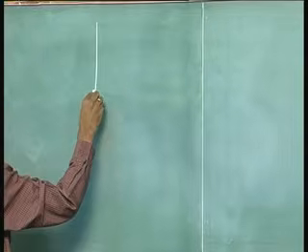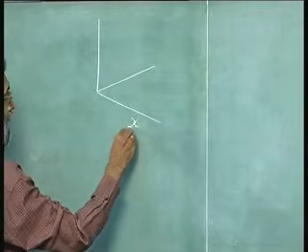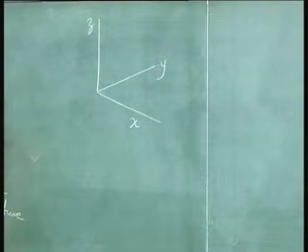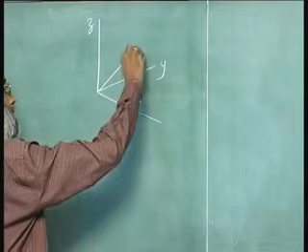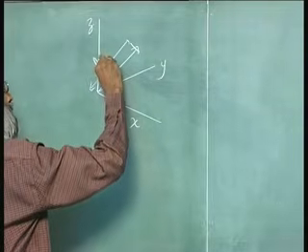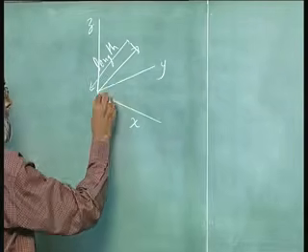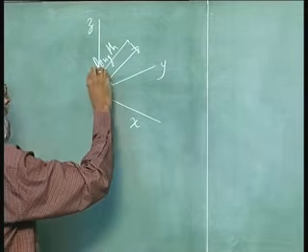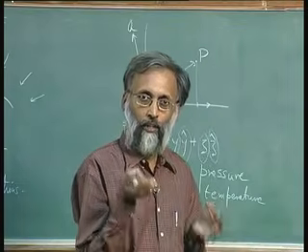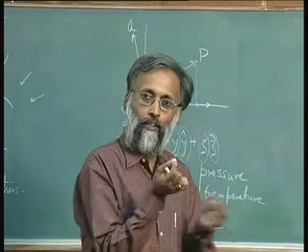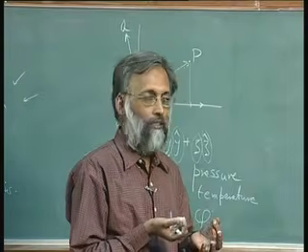We can draw a coordinate system, that is x, y, z, and a vector is something that has a magnitude, that is a length, and a direction, that is it makes angles with all three axes. So, a vector is an arrow. The length of the arrow gives you the magnitude, the number associated with the vector. The direction in which the arrow is pointing determines its direction.